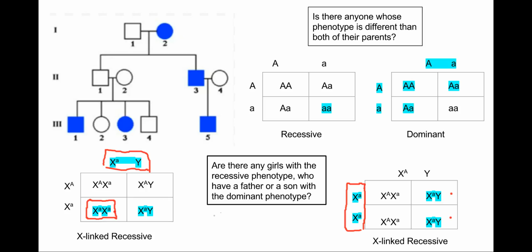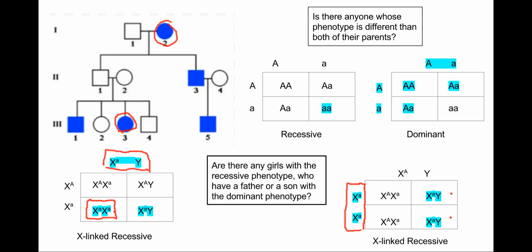So first of all, let's find the girls that have the recessive phenotype. And we know this pedigree is recessive already because of this situation right here. So who are the girls with the recessive phenotype? It's this one and this one. Now, do they have any sons?